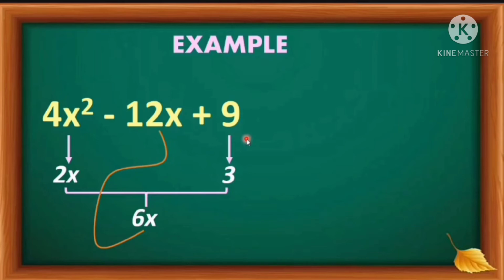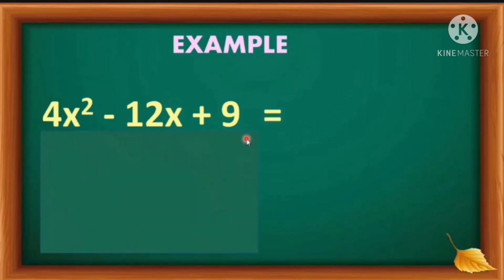And to get its factored form, or to get its factor, we have, again, maglagay ng parentheses and then squared, because our factored form is the square of a binomial. So expected magkakaroon tayo dito ng binomial. Okay, first, we get the square root of the first term. What is the square root of 4x squared? That is 2x.